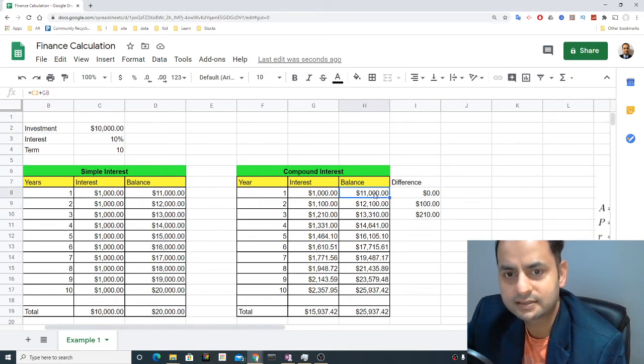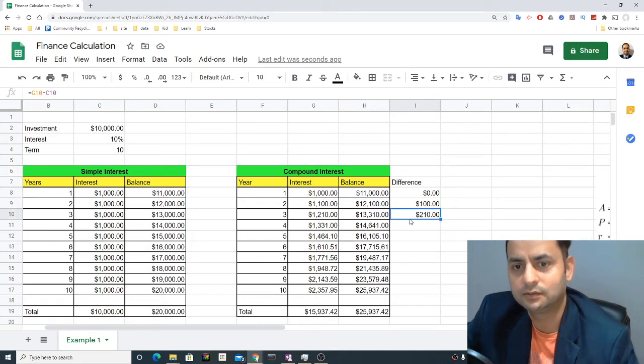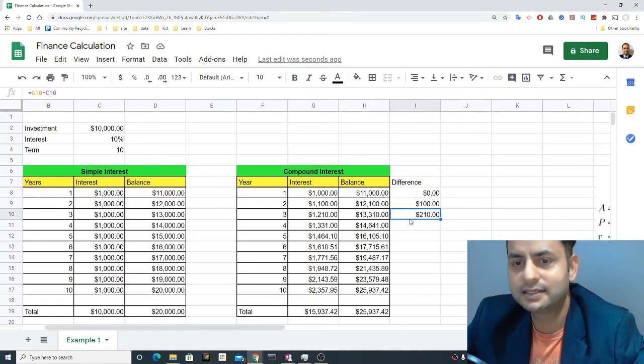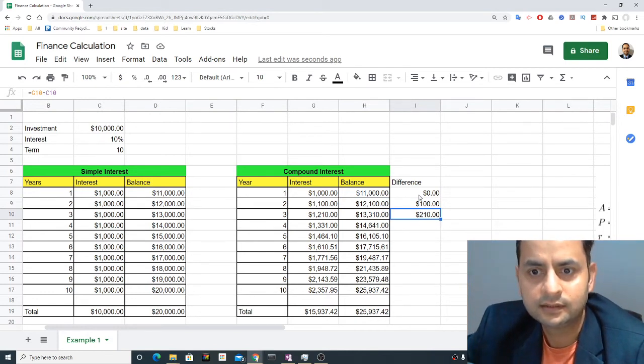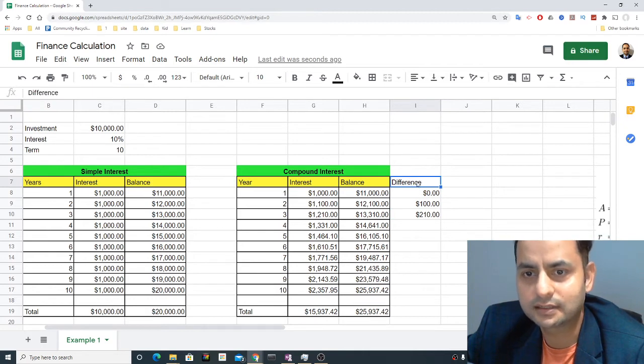The first year interest is 1,000, the second year interest is 1,100, so the total interest difference brings us $200 extra on the compound interest. Hopefully it makes sense to you, right? So that's the difference. That's the interest on interest.